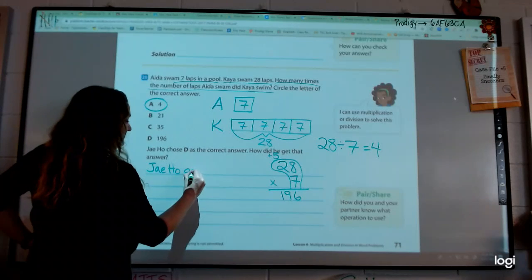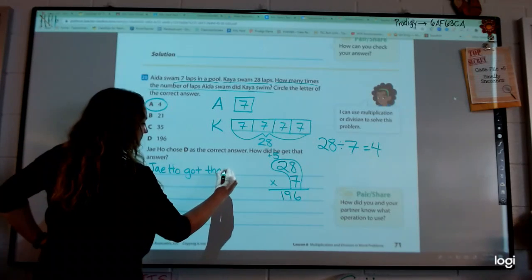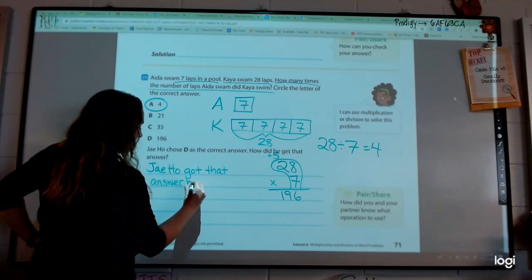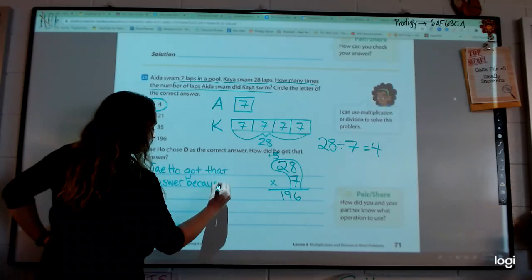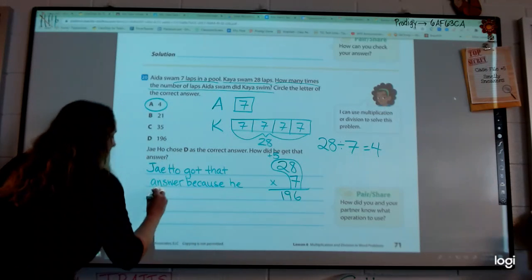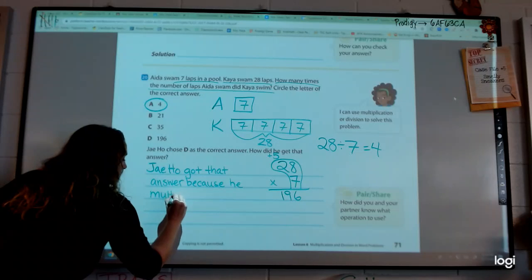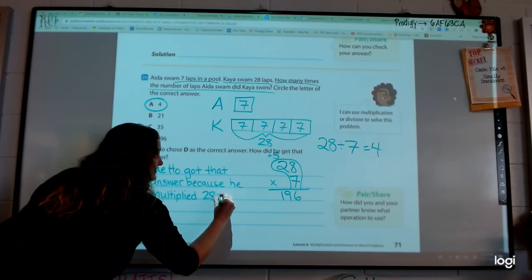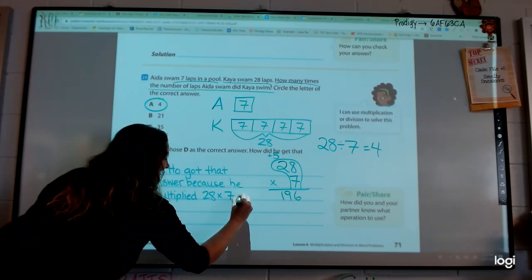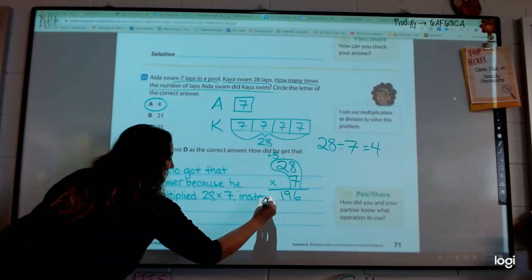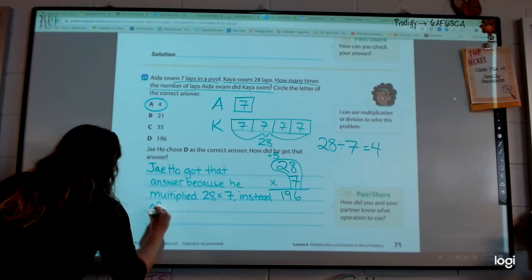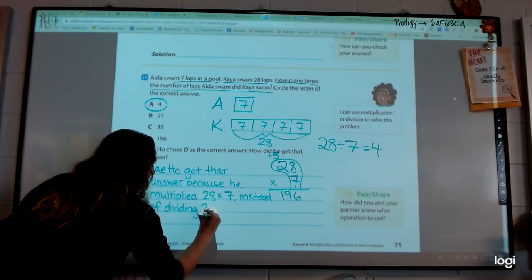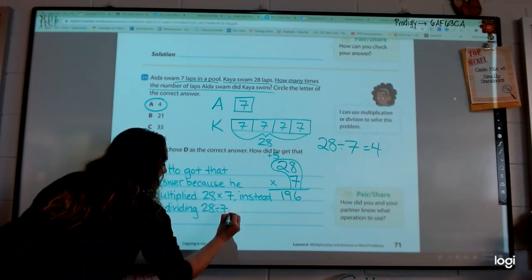J-Ho got that answer because he multiplied 28 times 7 instead of dividing 28 divided by 7.